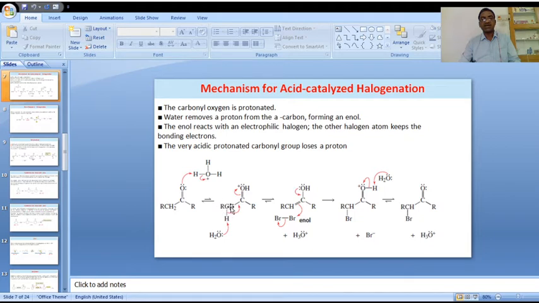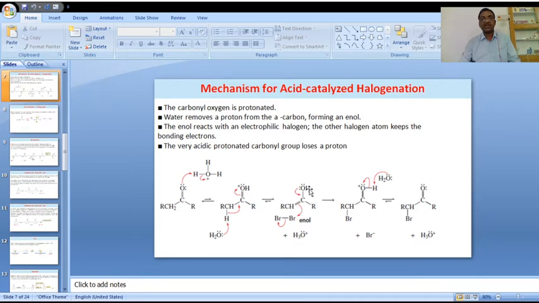This is the alpha carbon. Abstraction of this hydrogen forms an extra pi bond between carbon and carbon. With the cleavage of the pi bond between carbon and oxygen, it gets neutralized to form the enol structure.